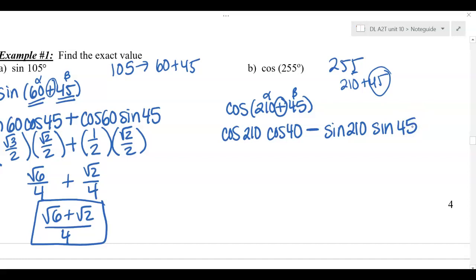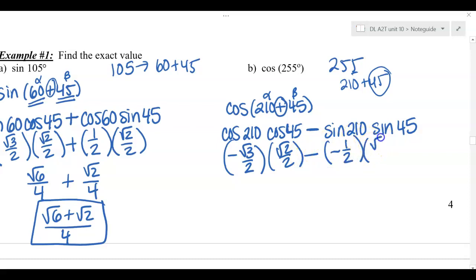And again, I'm going to plug in the values I know and calculate them. So 210 is like 30 degrees past 180. The cosine there is negative rad 3 over 2. Oh, and I'm sorry, this should have said 45. And the cosine at 45 is rad 2 over 2. The sine at 210 is negative 1/2, and the sine at 45 is rad 2 over 2.